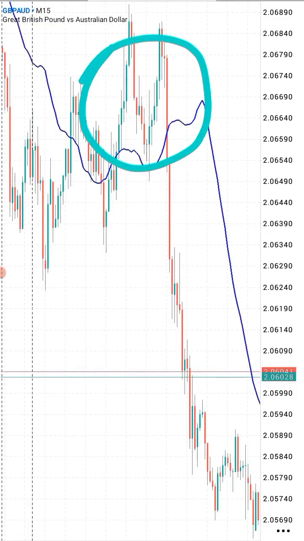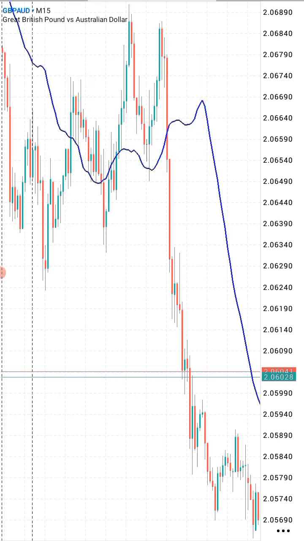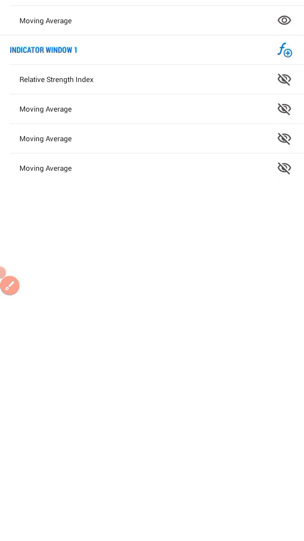It helps a lot, it shows momentum in the market. It's very good that you understand this bounce, because price always comes back to bounce, especially on the 50 moving average.